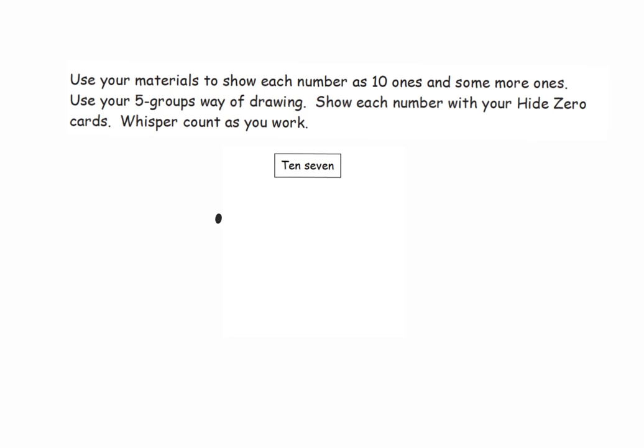So 1, 2, 3, 4, 5, 6, 7, 8, 9, 10. So there's our 10, and now we're going to draw our 7. 1, 2, 3, 4, 5, 6, 7.